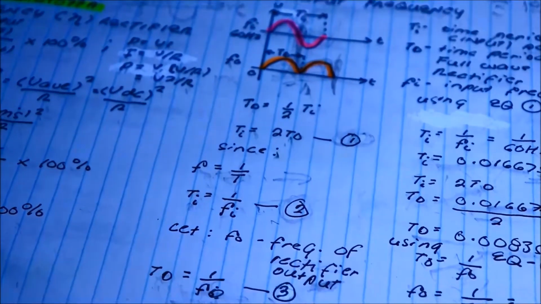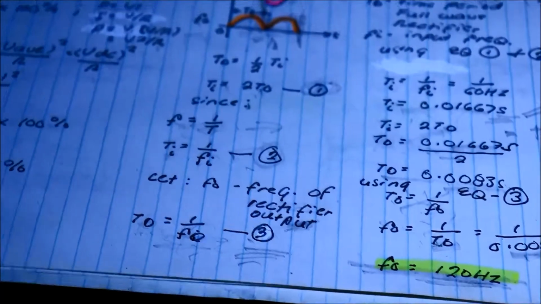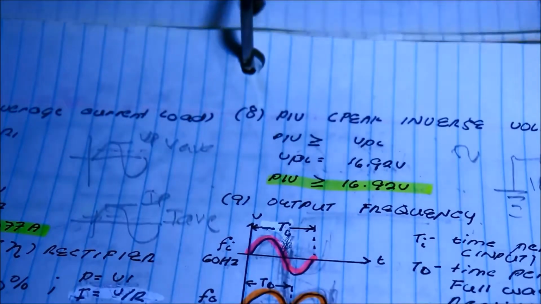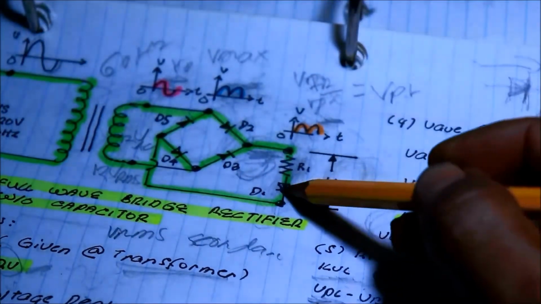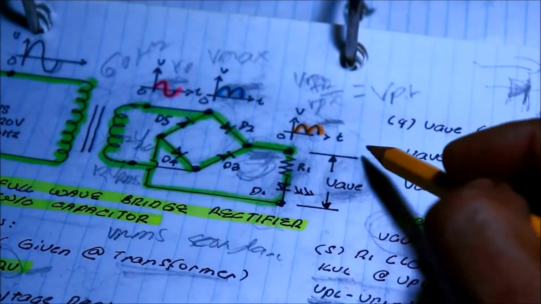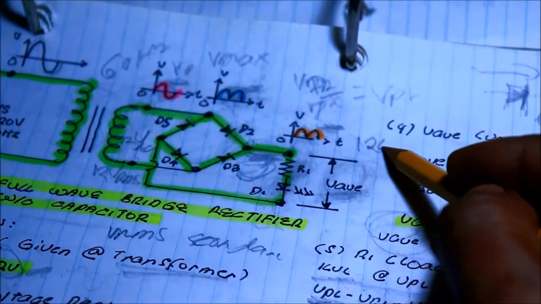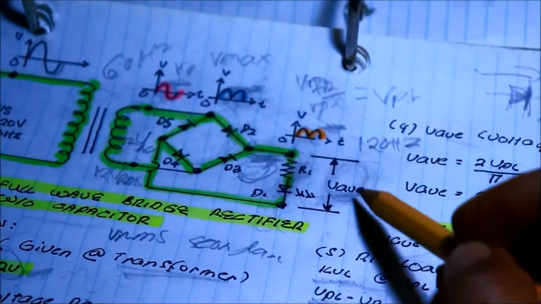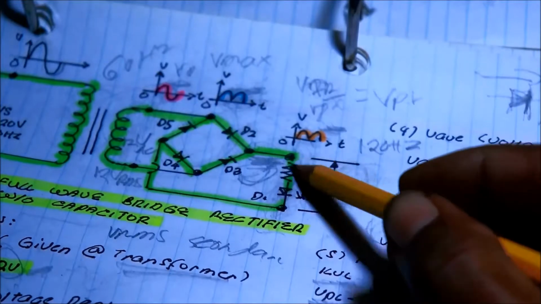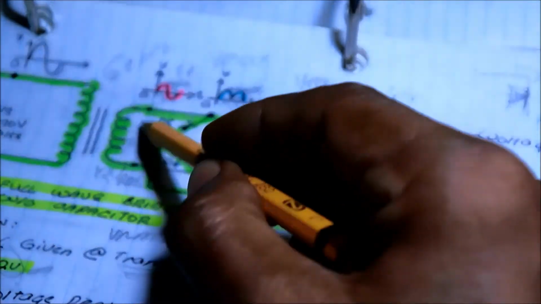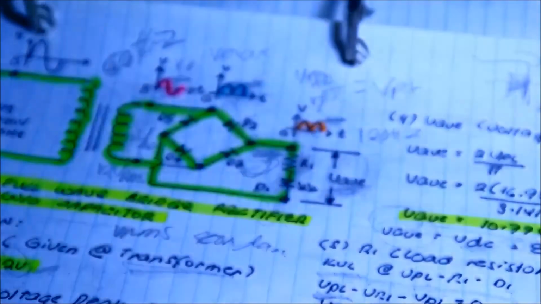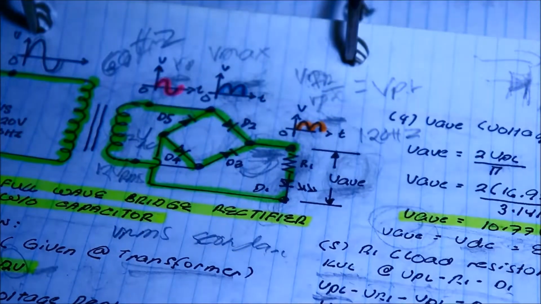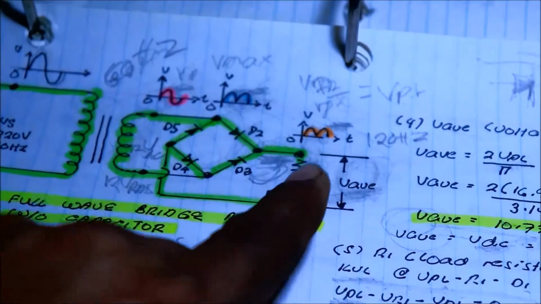So in this design, we got an output frequency of 120 Hz to this load, from the input frequency of 60 Hz. 60 Hz becomes 120 Hz at the output.